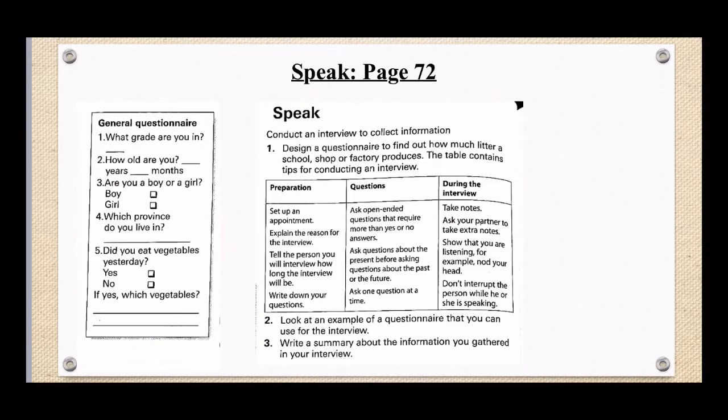Then number 2 says, look at an example of a questionnaire that you can use for an interview. On the side of page 72, there's a little block that says general questionnaire, and there's just an example of how a questionnaire can look. It's always numbered.